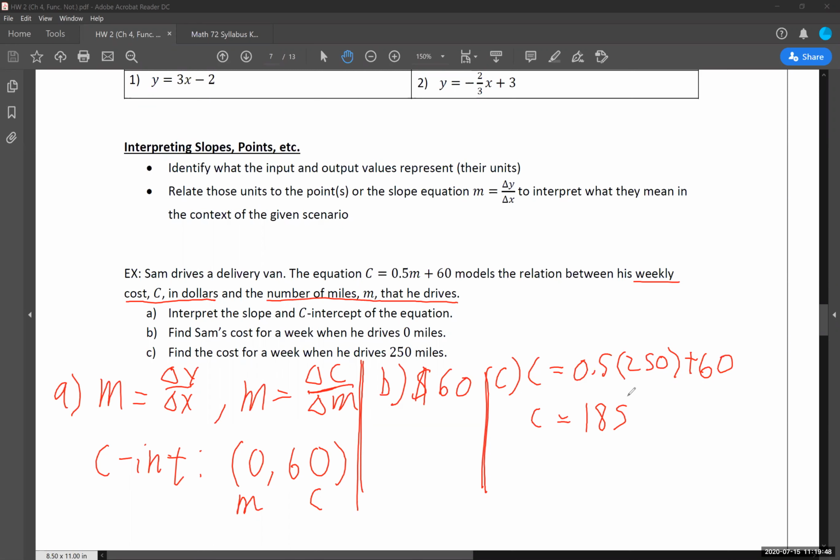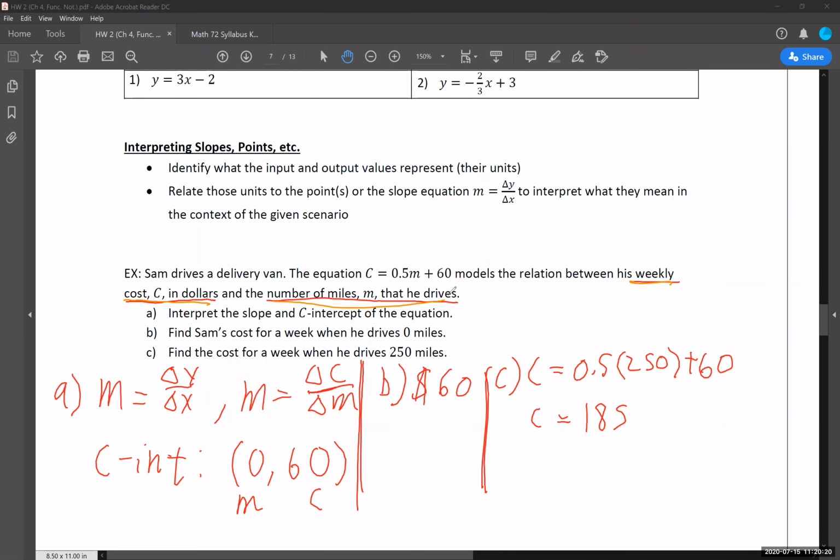But again, I want to emphasize this, and I cannot emphasize it enough. When we are asked to interpret, so primarily our part A that we had here, go into the problem and find what variables represent, find the units, and be as specific as you possibly can about what the m values, c values, x values, and y values represent, whatever variables we have been given.